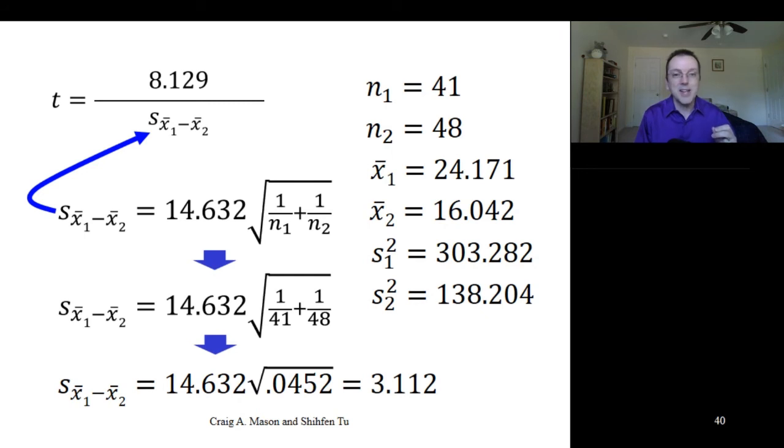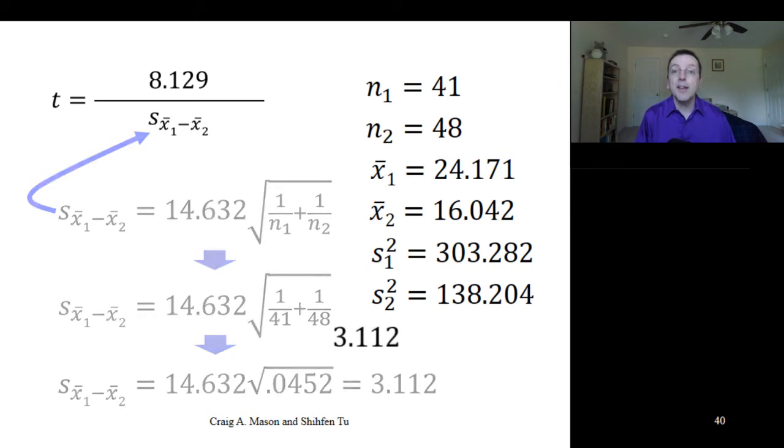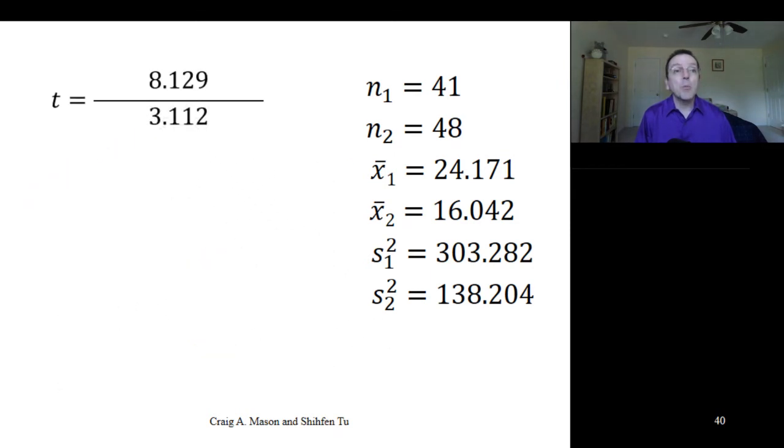Again, lots of steps, but it makes sense if you think about it slowly and a few times. We now plug 3.112 into our denominator for our t formula, and we get 8.129 divided by 3.112, which with a little bit of quick math gives us 2.612.